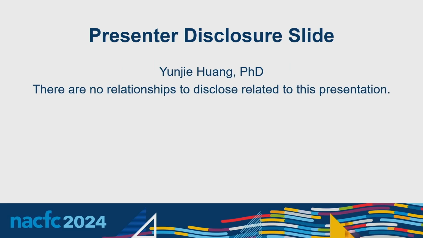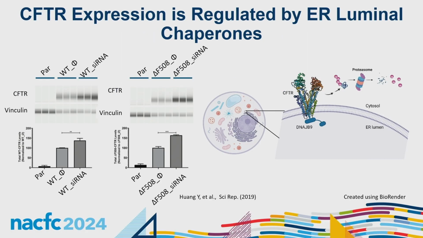So, nothing to disclose. My previous work really focused on the ER-luminal chaperone proteins, and we demonstrated that ER-luminal chaperone proteins or quality control mechanisms are really important to mediate CFTR into the degradation pathway.